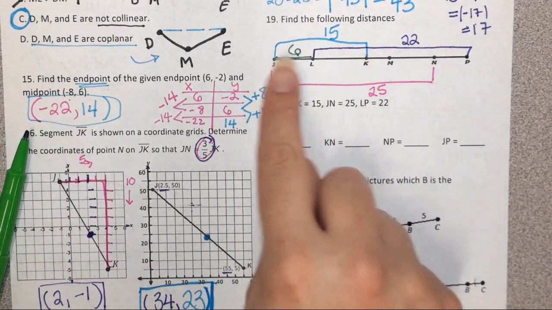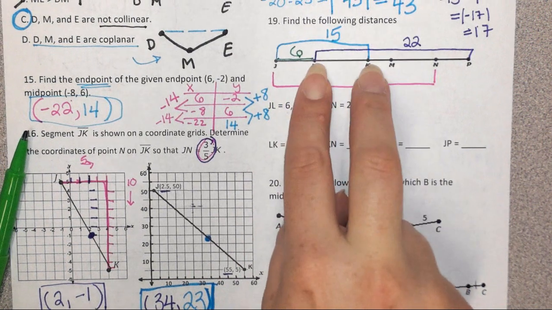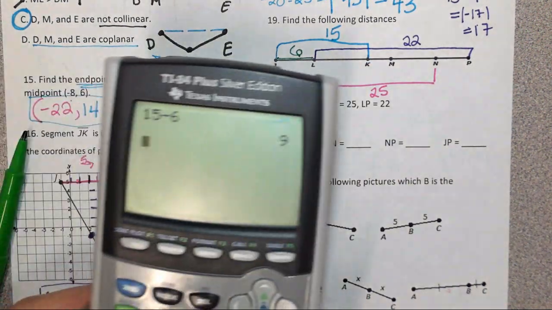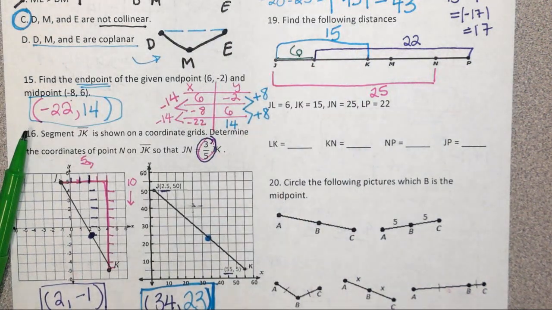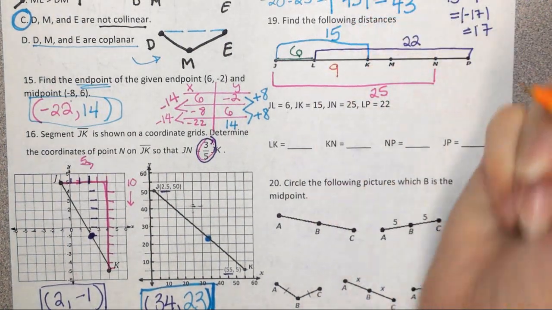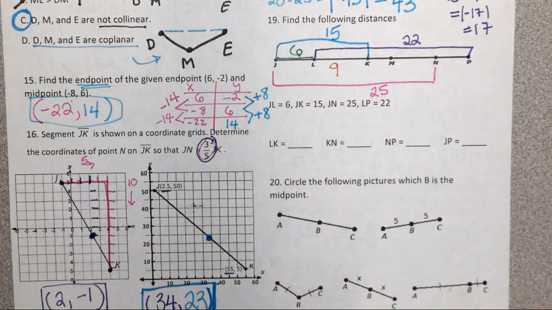Since we know this is 15 and that's 6, I can use that to get LK. So that would be 9. Okay, so what should I fill? I'll fill this in with orange. So L to K is 9.